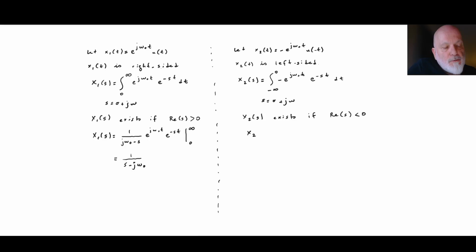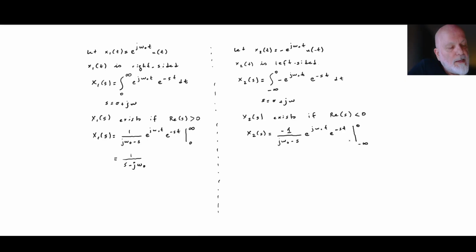Similarly, now x2 of s will be equal to, with a minus sign, minus 1 over, again, j omega 0 minus s, e to j omega 0 t e to minus st evaluated at the integration limits. Now t tends to minus infinity.